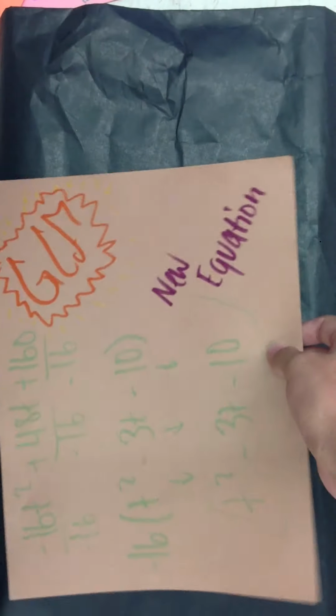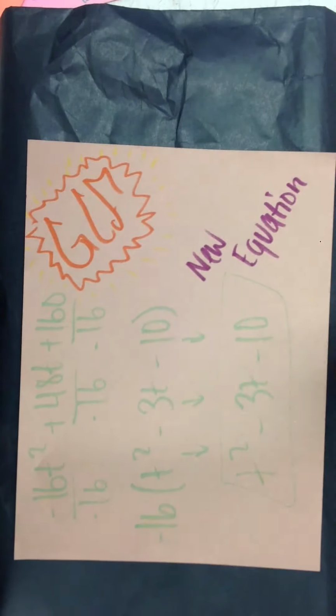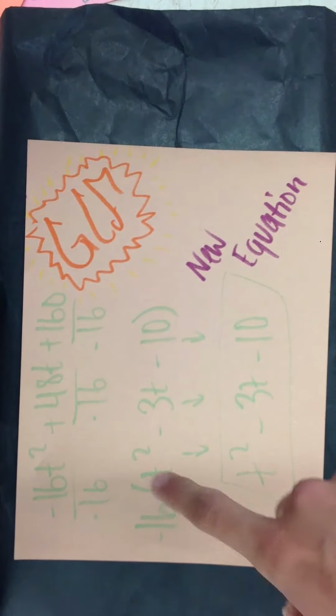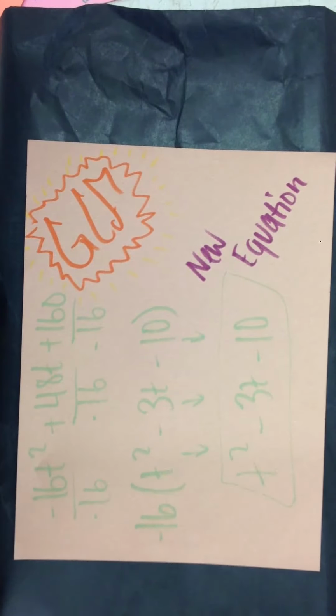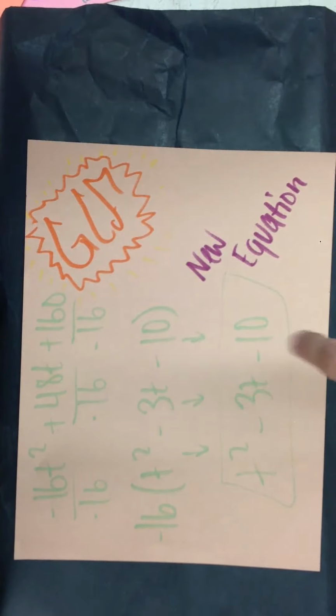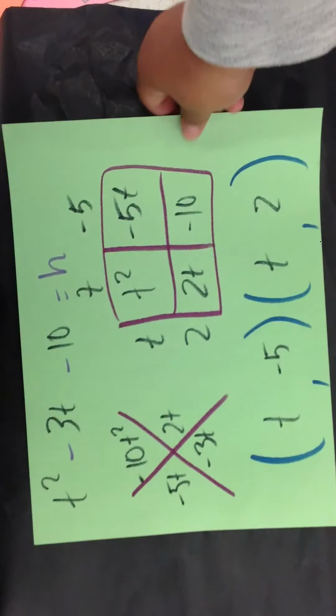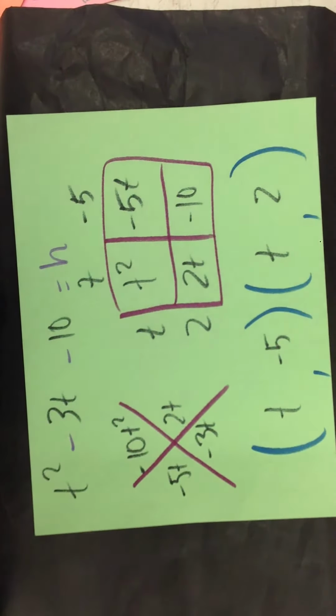To solve that, you must first find the GCF, which is the greatest common factor. To do that, you divide all the terms by negative 16. That would get you t squared minus 3t minus 10. So you just take that equation and you solve it like the rest.